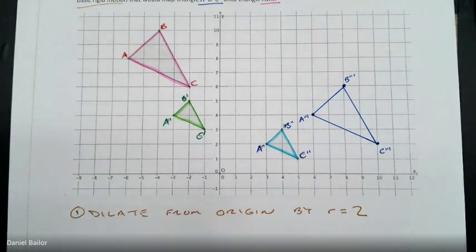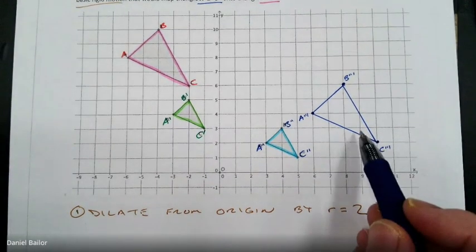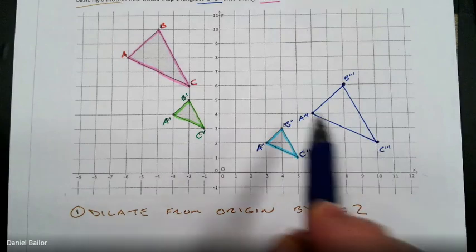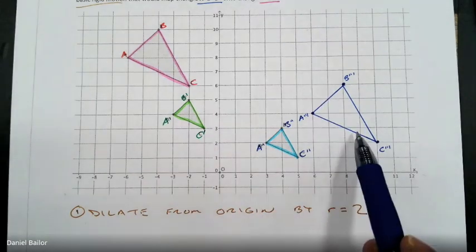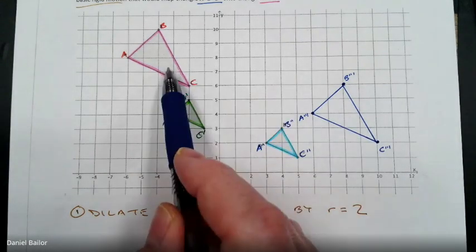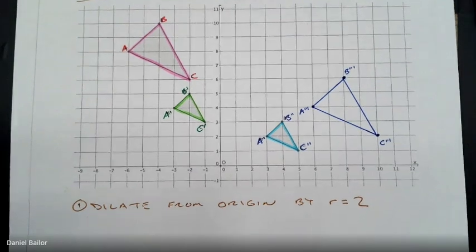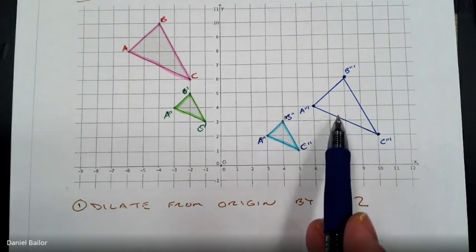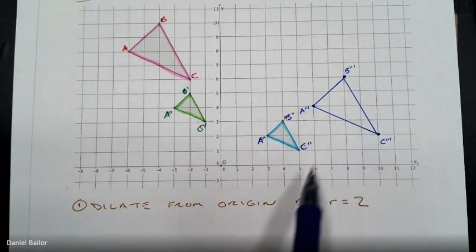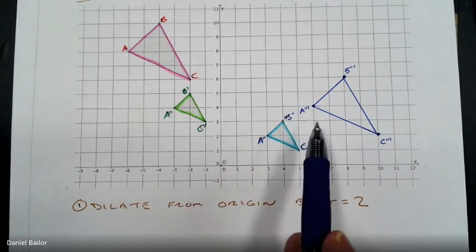Now we're not done yet, because we still need to map our triangle onto the pink. We still need to move the new one onto the pink. So what rigid transformation, what rigid motion are we going to use? It does not look like a rotation. It does not look like we're spinning it or flipping it. It looks like we are sliding it.